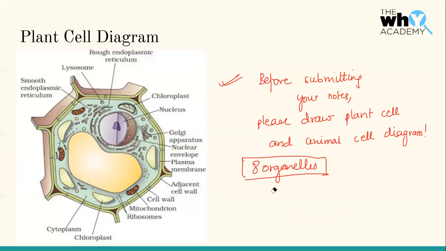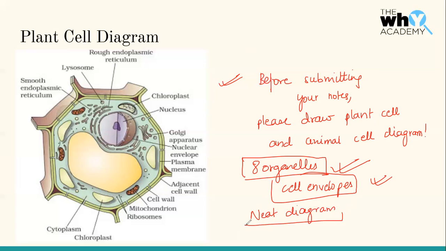Keep it neat and make sure that all the relevant organelles which we have studied are there, organelles, cell envelopes, whatever is there. Neat diagram. So this is your tiny task before you submit your notes. Please make sure you do this and then submit it.